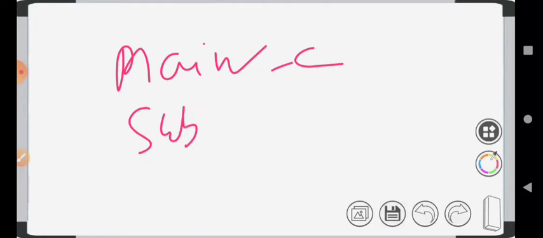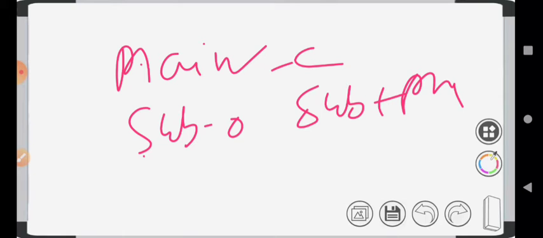But here I will explain what is the difference between main clause and subordinate clause, or independent clause and dependent clause. Main clause is a clause that has a subject and predicate or verb. It gives complete meaning. It does not depend on other clauses to give full meaning.